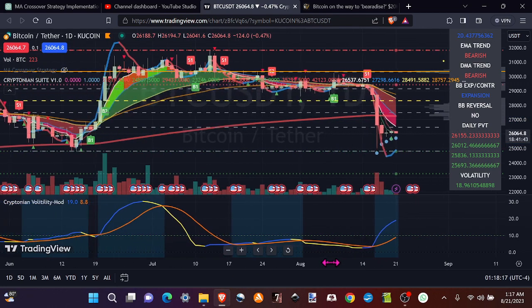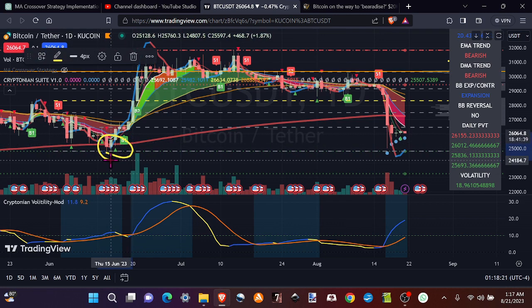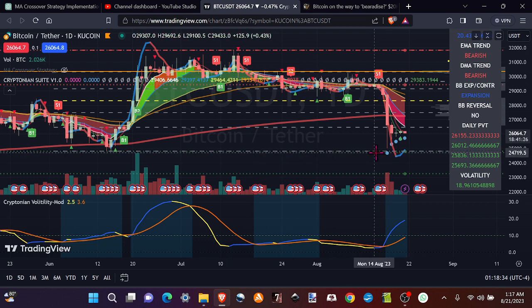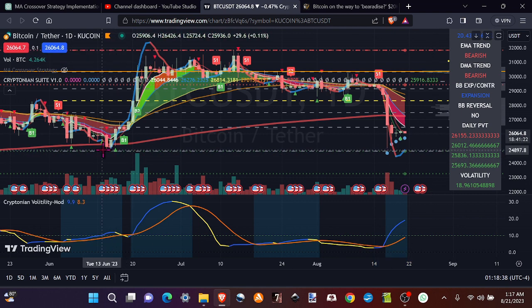Now that being said, we are currently at price support here. We're above the Fibonacci support, which is 24,003 no, excuse me, 24,850. 24,850 is support, and that's because it is price support here and Fibonacci support here.